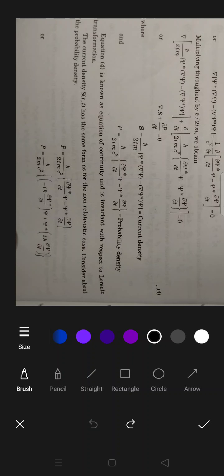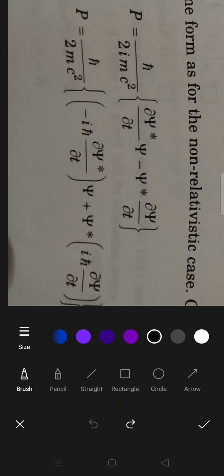Multiply by minus i h cross on both sides. Multiply i on the numerator by the denominator, then you get minus i, so minus times plus i.